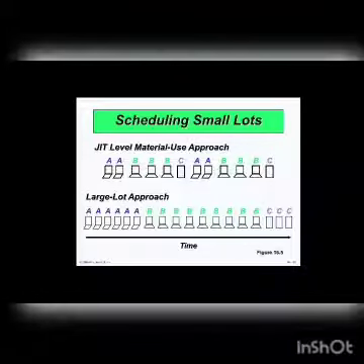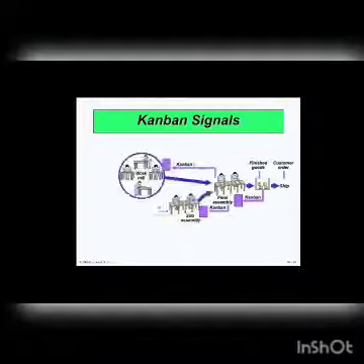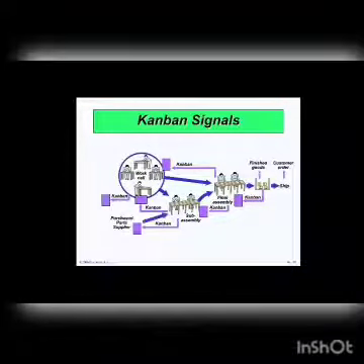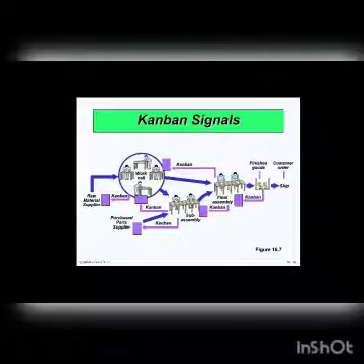So you can see if you use a JIT level material, a little stocking is enough, whereas in a large lot approach, you need to stock a lot of inventory. The Kanban signal can be passed between any kind of department, between the raw material supplier and the work cell, or from the work cell to the finished goods, or between the final assembly and the subassembly, or between the purchased parts supplier and the work cell, and also between customer order and finished goods.